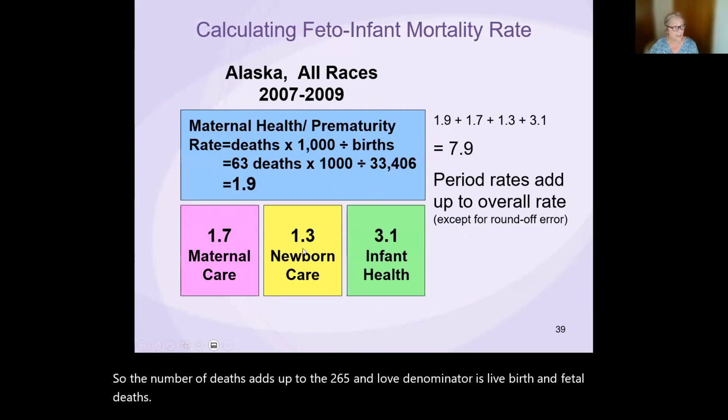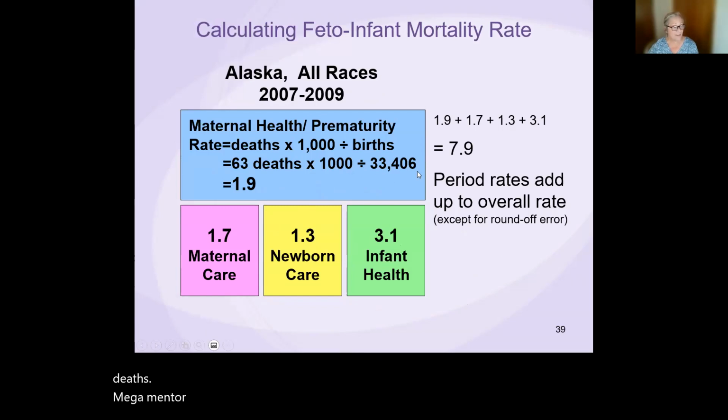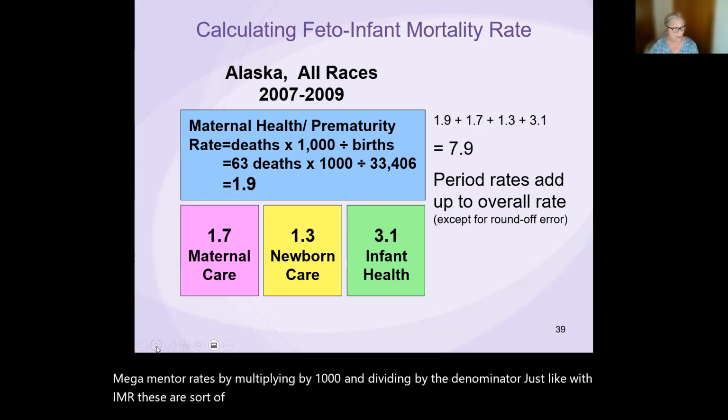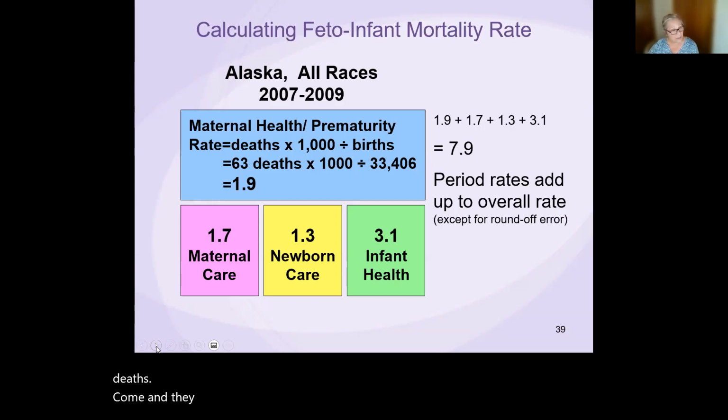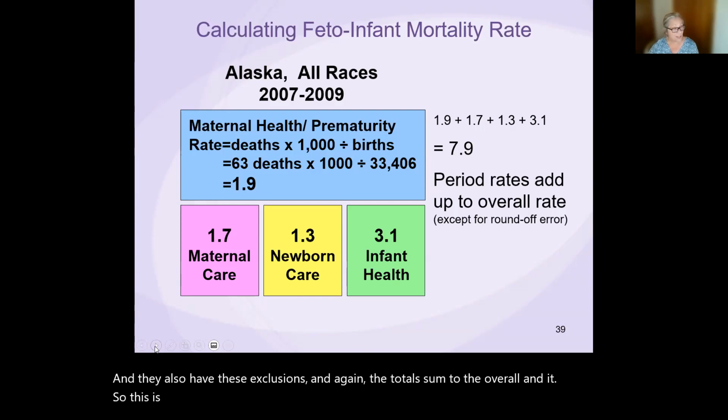Make them into rates by multiplying by 1,000 and dividing by the denominator, just like with IMR. These are sort of comparable to IMR, but they do not match because they include fetal deaths. And they also have these exclusions. And again, the totals sum to the overall. So these are the mortality rates that are period specific.